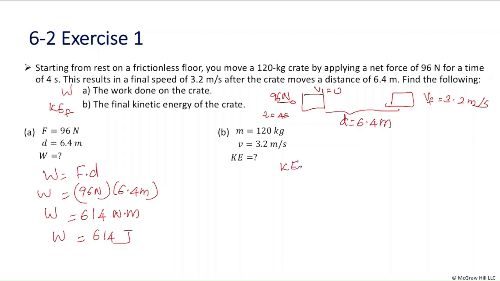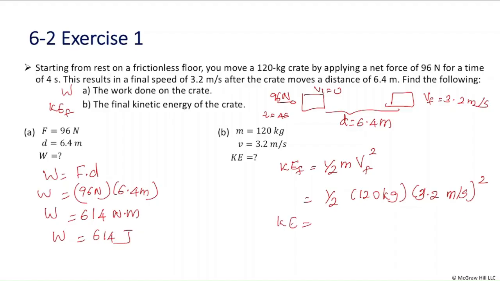Final kinetic energy is half mass times v squared, and v is the final velocity, which is 3.2 meters per second, right? Half mass is 120 kilogram and velocity is 3.2 meters per second. Take the square value. Therefore kinetic energy is 614 Newton meter, or 614 joules.